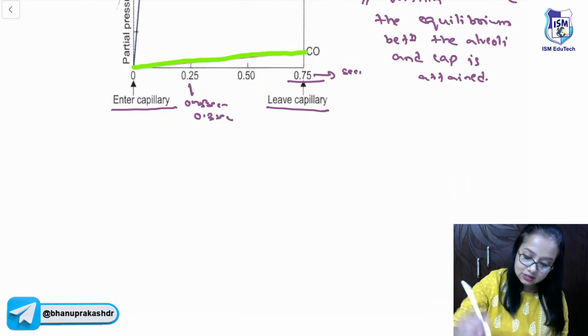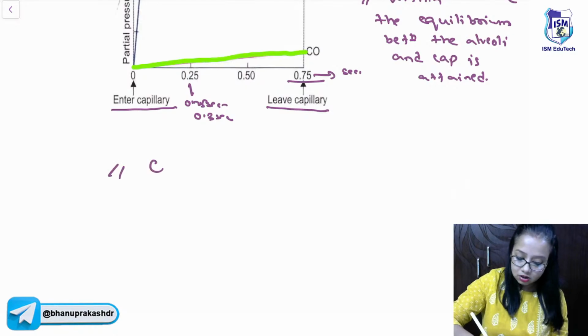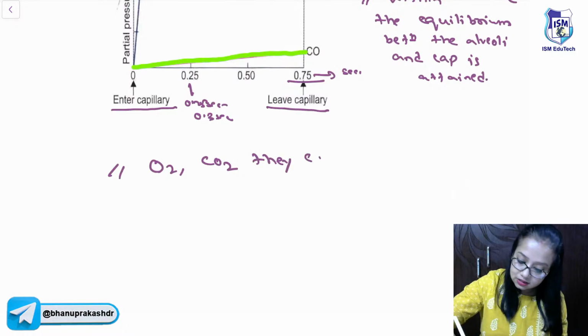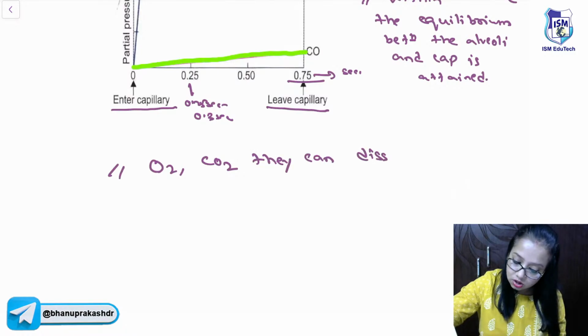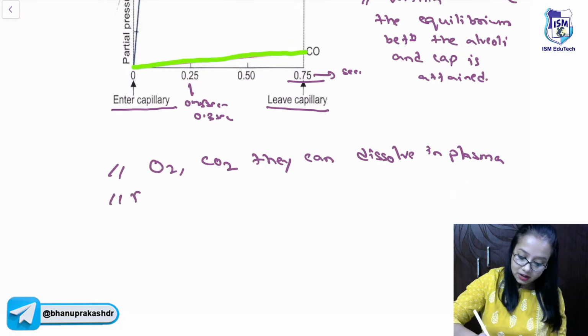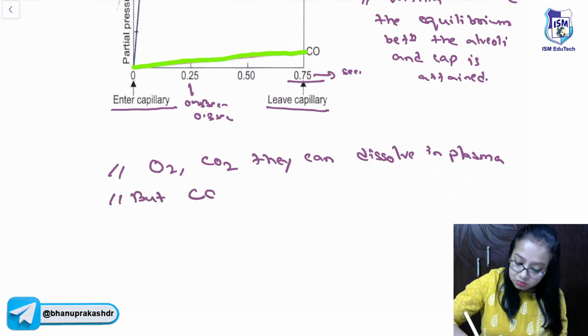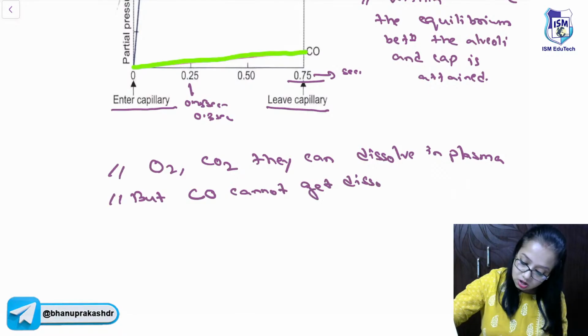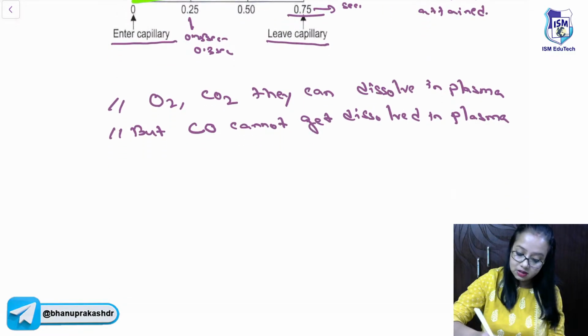The reason is that oxygen and carbon dioxide can dissolve in plasma. But carbon monoxide cannot get dissolved in plasma. Then how do they get transported?